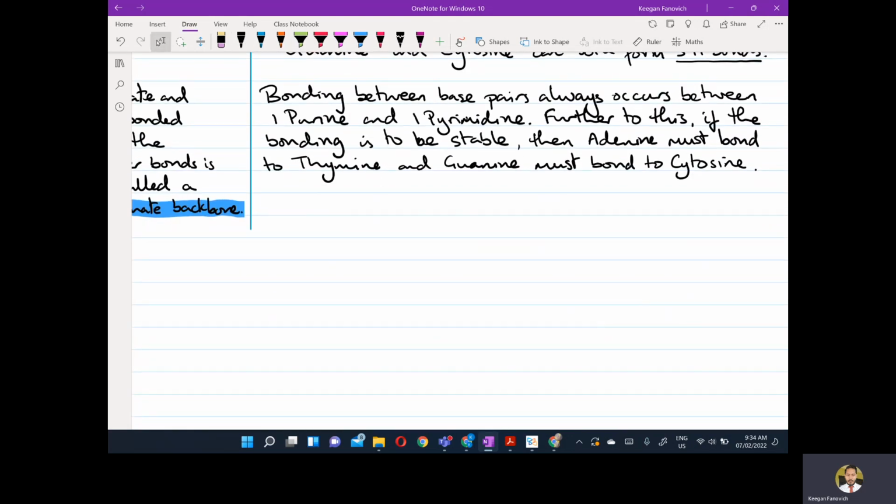So this is how I remember it. Like I told you all before, I like to give you ways to remember it. Adenine and thymine could bond together; in terms of the letters, they are both straight edged.